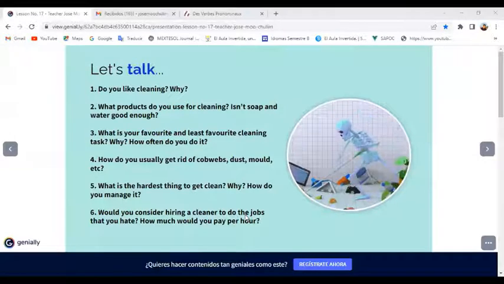When you work with this stuff, you must clean with special liquids.